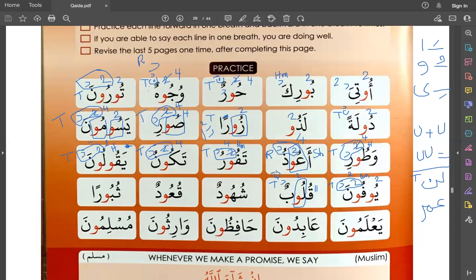Whenever these are with sukoon they will get sifa of qalqala. And this is a temporary sukoon, and if you find temporary sukoon followed by a 2 counts long vowel, this temporary sukoon will affect this 2 counts long vowel and change it into 4 counts long. Now this is 4 counts long, and this is called madd arid lisukun. Qulub, and ba will get sifa of qalqala.